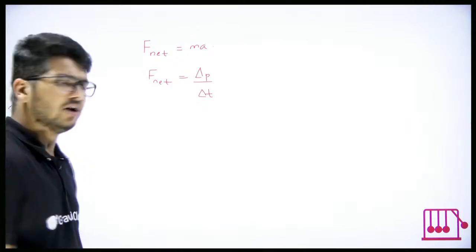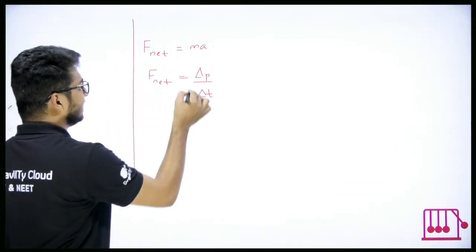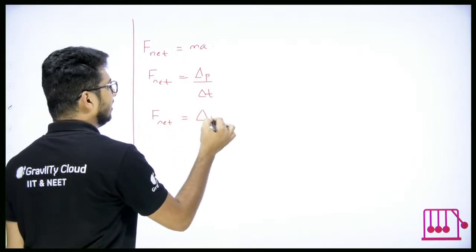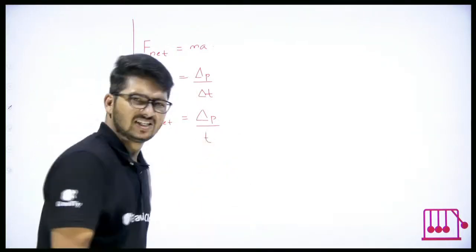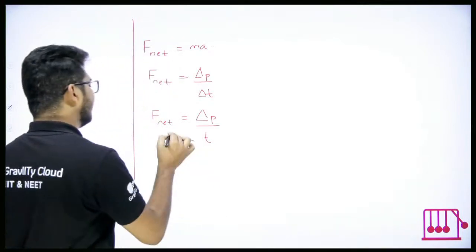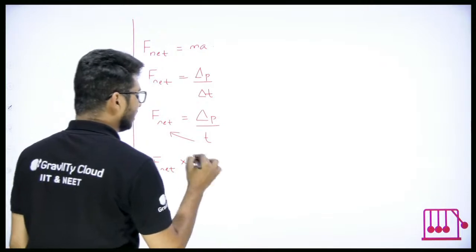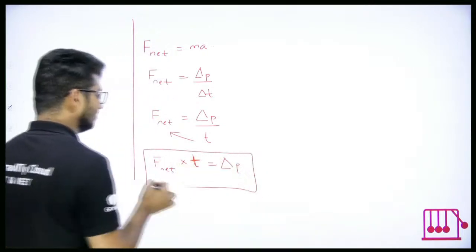Simple enough? Good? Okay, now we'll use this. Delta T, time interval, is generally taken as just time. Both of them are the same. Now if I take time to this side, it becomes net force into time is equal to change in momentum.